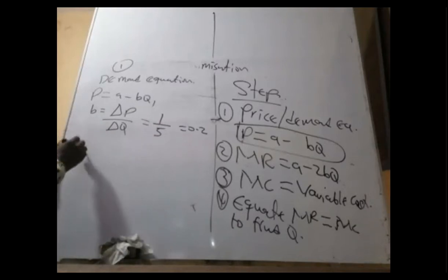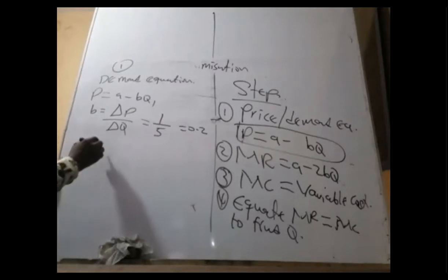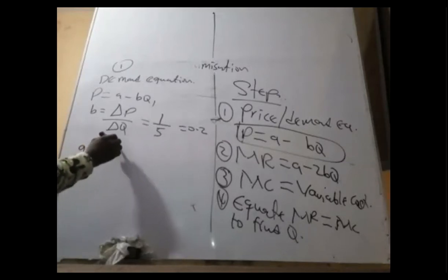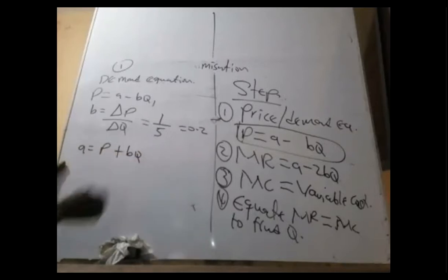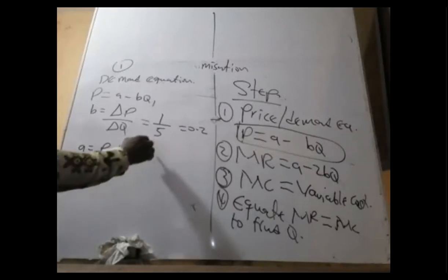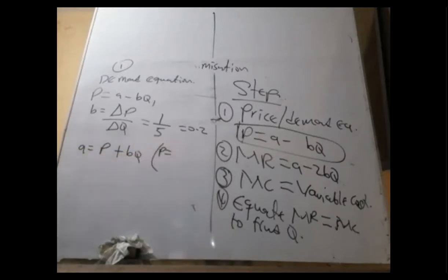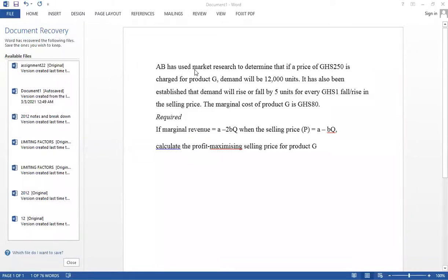Now we are saying to find A, which is equal to price plus BQ. Pick any of the levels. What is the quantity demanded when the price is 250? The question says that if a price of 250 is charged for product G, demand will be 12,000.